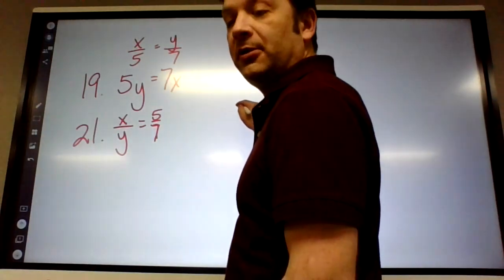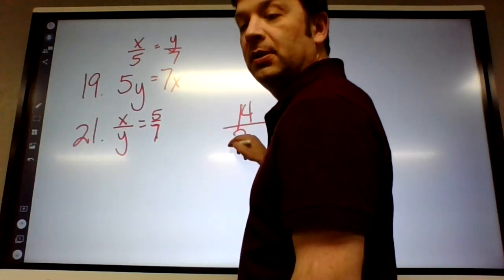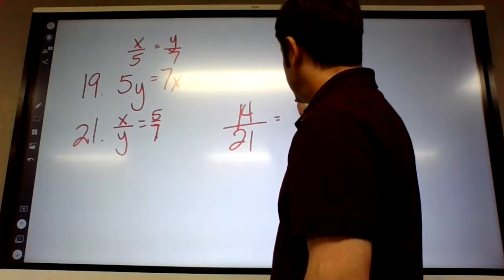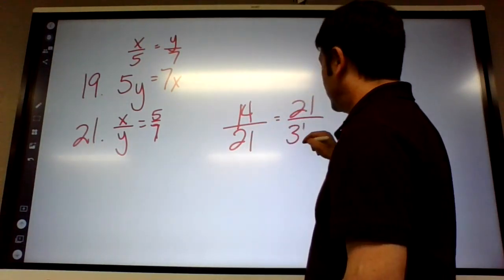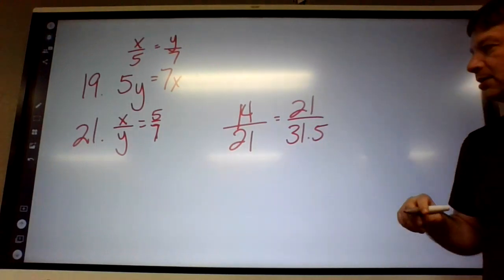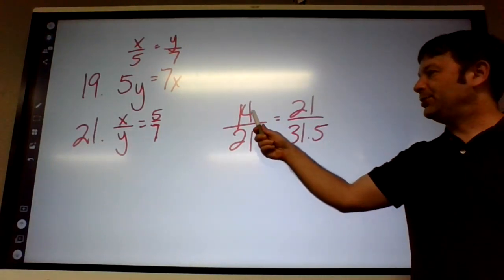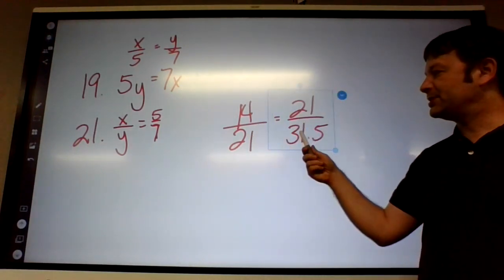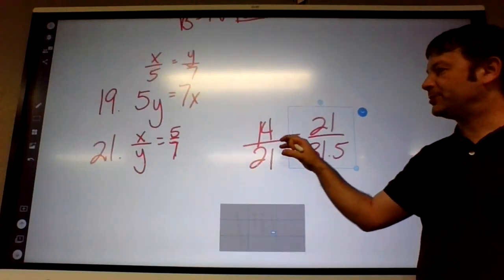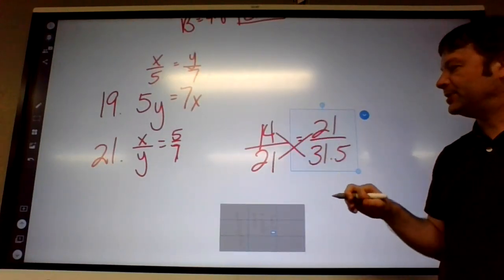So does 14 over 21 equal 21 over 31.5? Yeah. So how can we check this? You could divide both of those and see if they're the same, or you could cross multiply and see if those are equal.